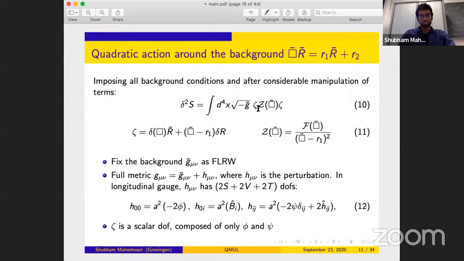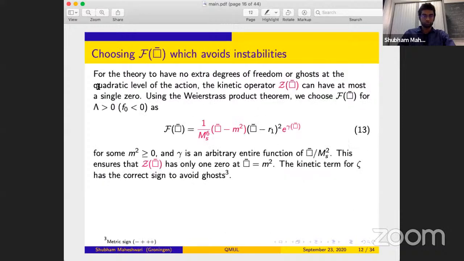Can you fix this kinetic term for zeta such that you have no extra degrees of freedom and no ghost degrees of freedom in the theory? So is it possible to fix this z of box to avoid any instabilities? And it is possible to do so.